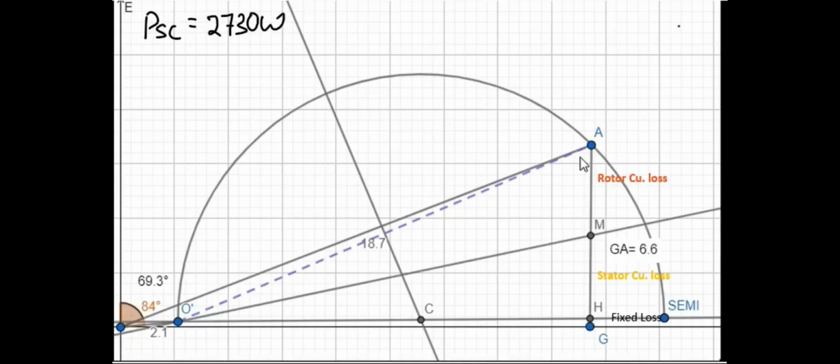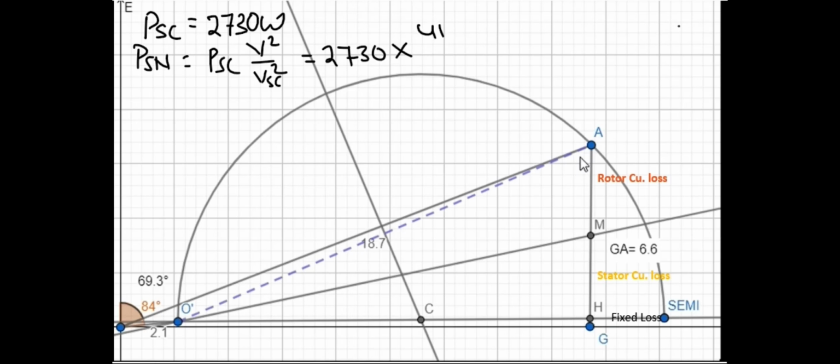Here, power at short circuit equal to 2730 watt is given. So short circuit power at normal voltage will be power at short circuit into voltage square divided by short circuit voltage square. PSC equals 2730, rated voltage is 415 and short circuit voltage is 100.